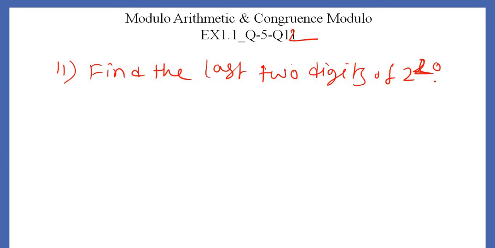Okay, that means last 2 digits means if you divide 2 to the power 20 by 100, then what is the remainder? That means you have to actually find 2 to the power 20 mod 100, because you have to find the last 2 digits, not the last digit.